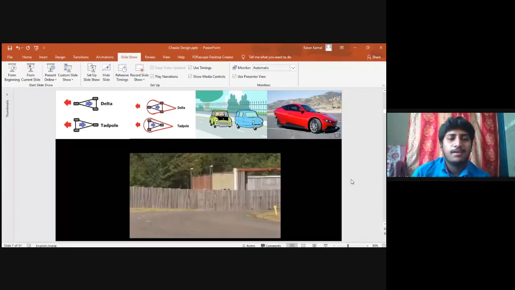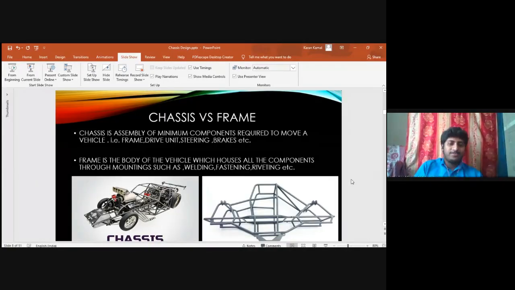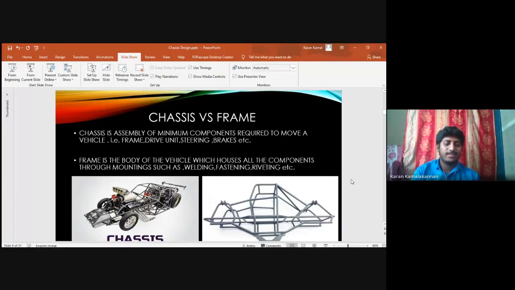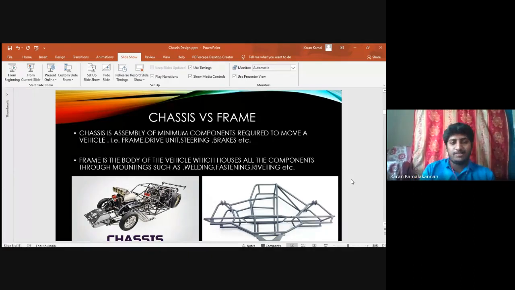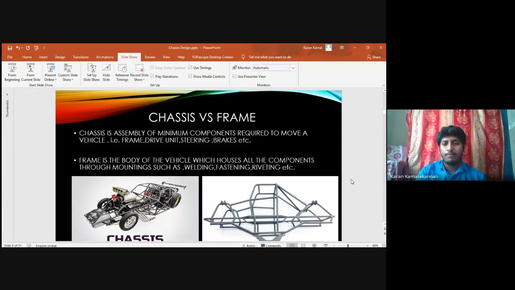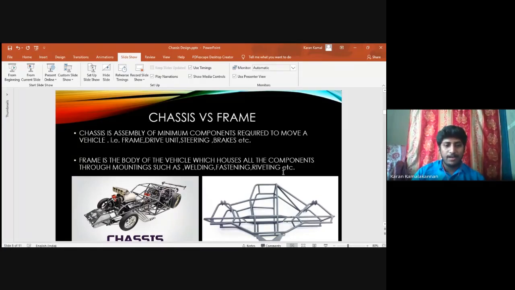Yes. Next thing, most of the time we use the terms chassis and frame as one term. Normally we use chassis for the frame, but actually there is a difference between the chassis and the frame. The major difference is that a chassis is the assembly of the minimum components required for the vehicle to move. As you can see from the picture below, the chassis will have the moving part and the handling part, like steering, brake, and suspension, along with the frame, except the body parts.